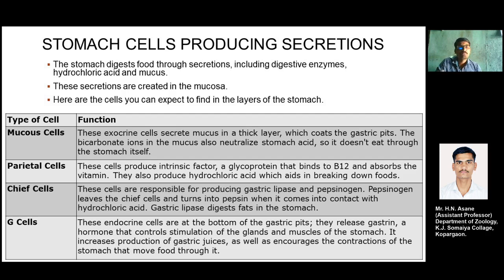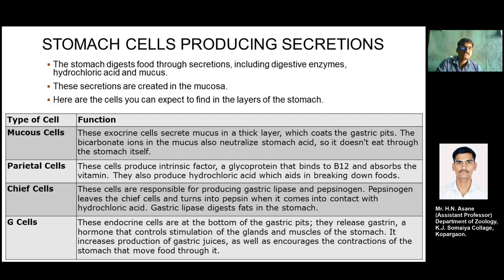The bicarbonate ions in the mucus also neutralize the stomach acids, to stop the stomach from eating itself. That means self-digestion is prevented by these mucous cells.